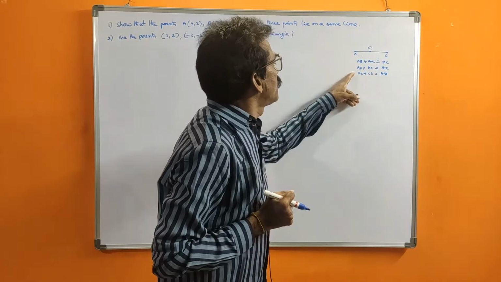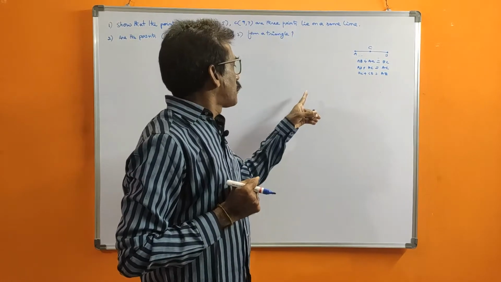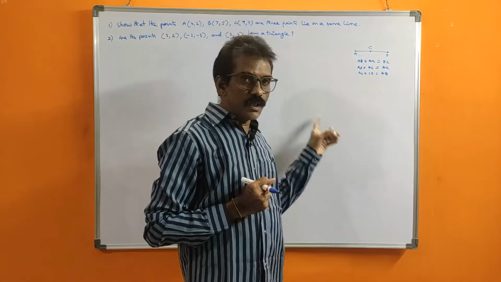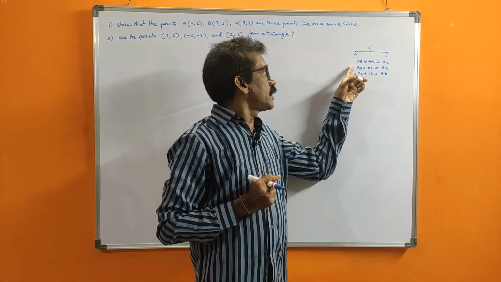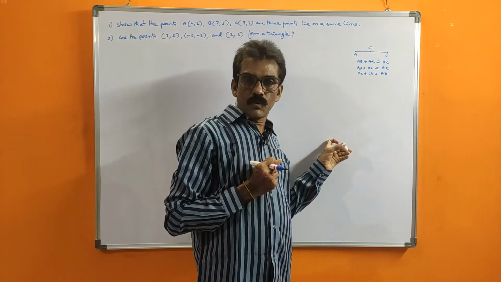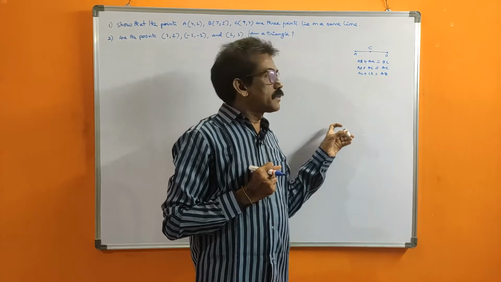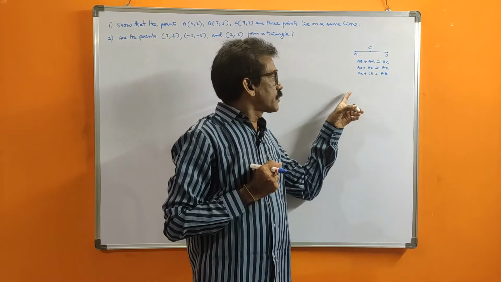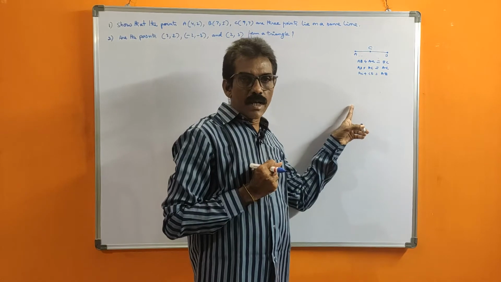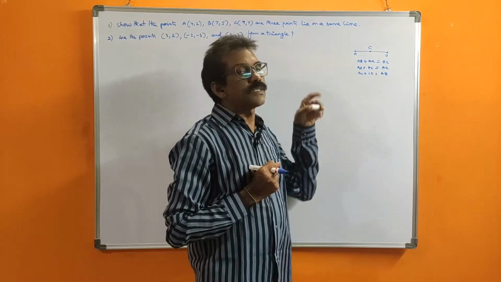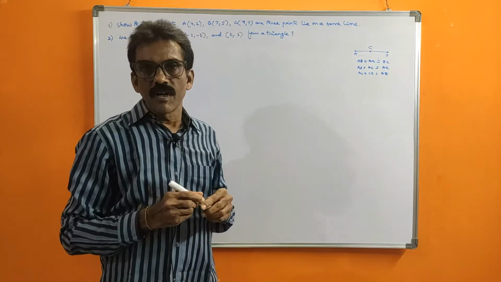So if any one of the conditions holds, meaning the sum of two sides equals the third side, the three points lie on the same line. If the sum of any two sides is greater than the third side, that is a triangle, with vertices of the triangle.